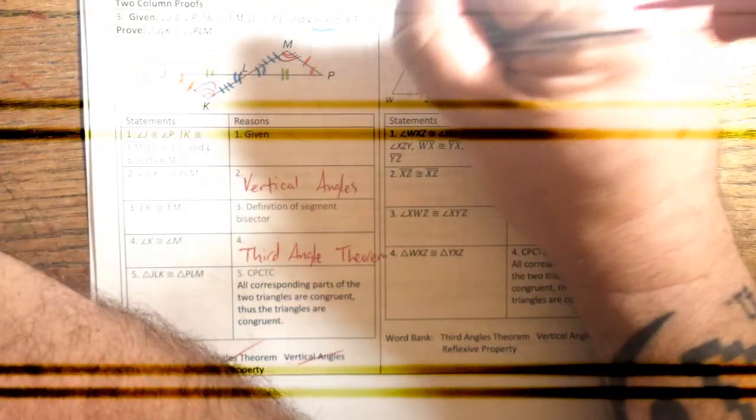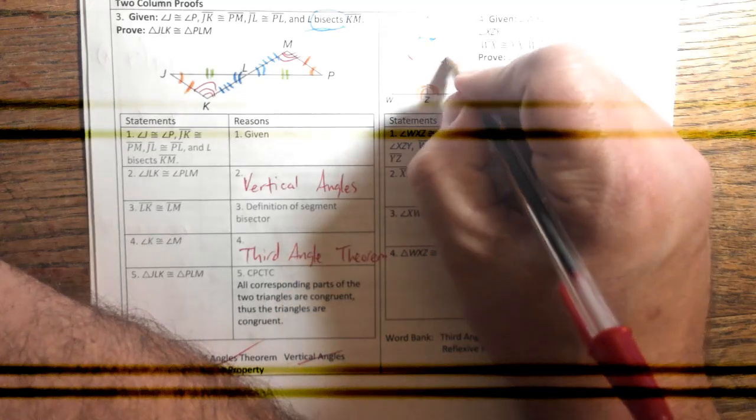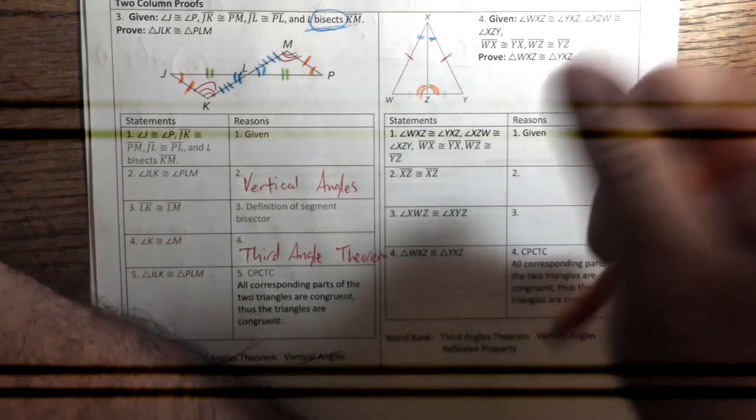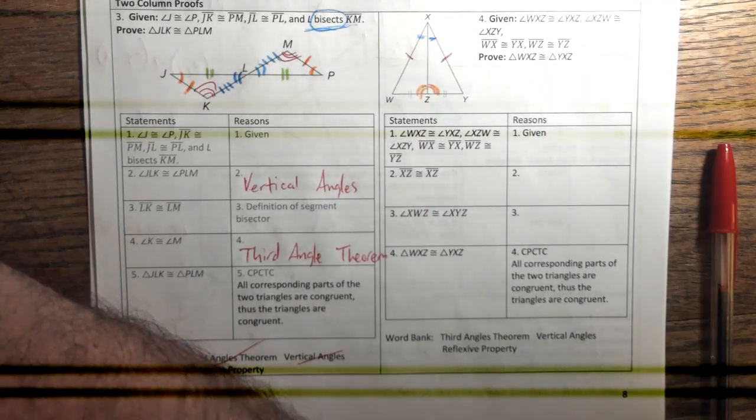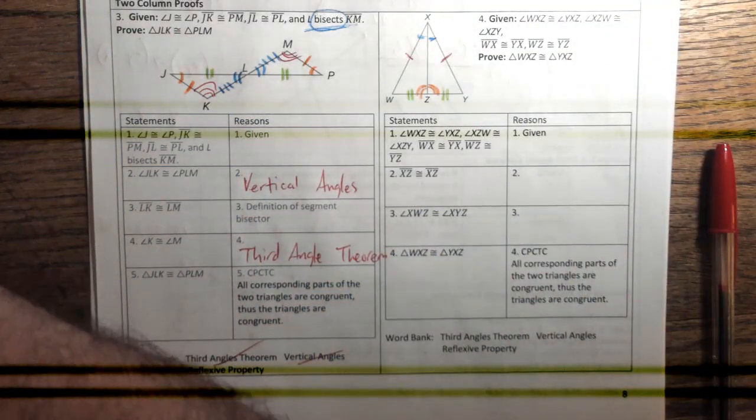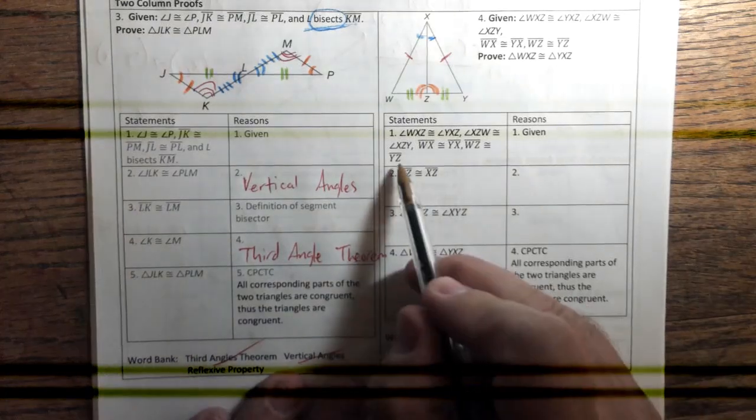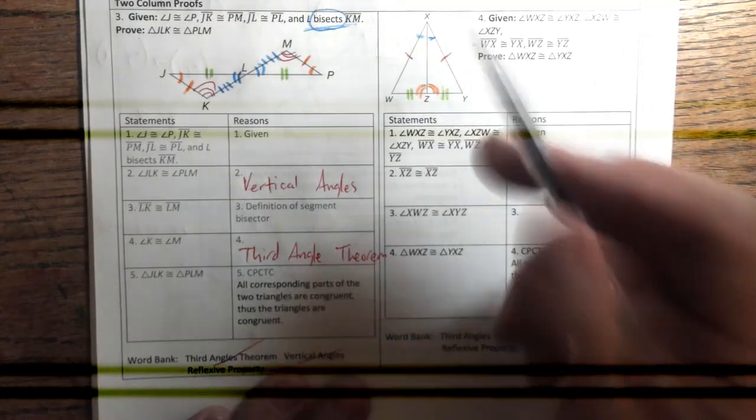Let's just do this. WX is congruent to YX, and WZ is congruent to YZ. Okay, so there's everything marked. And that's the first thing they tell us, and it's given, because it was given.